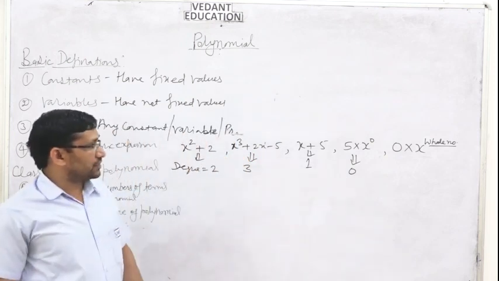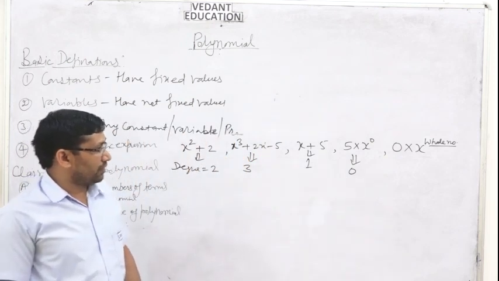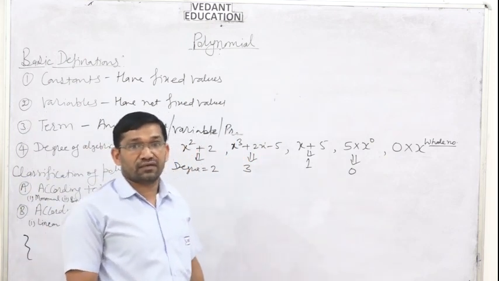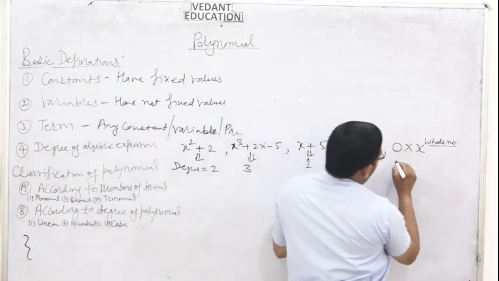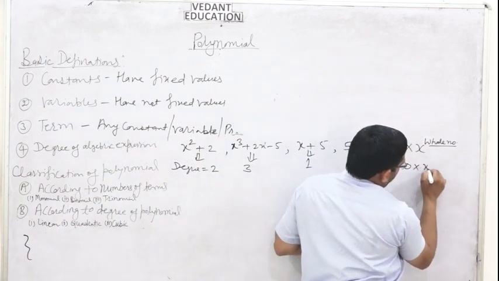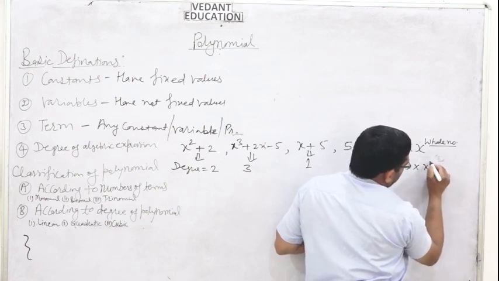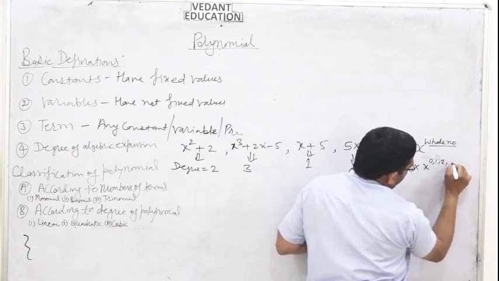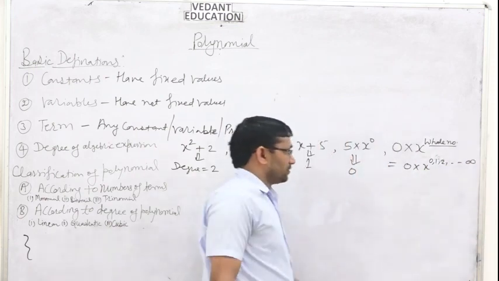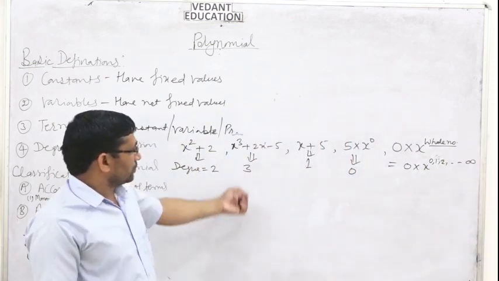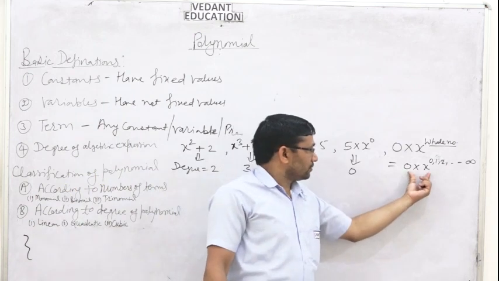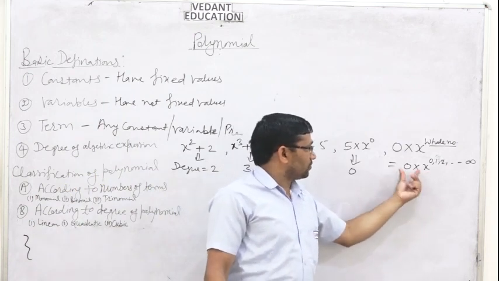Zero multiply x power any whole number. And how many whole numbers are there? We can write 0 multiply x power infinity, because whole numbers start from 0, 1, 2, 3 to infinity. Again, what is the degree of 0?